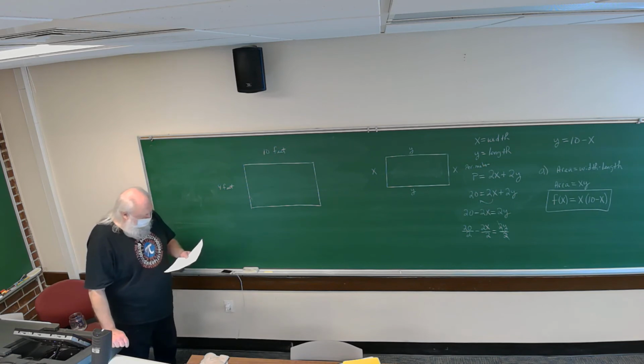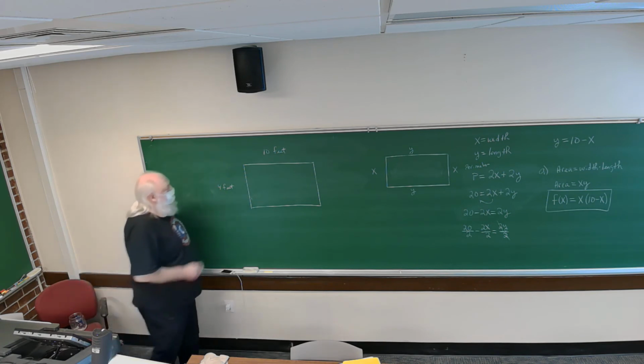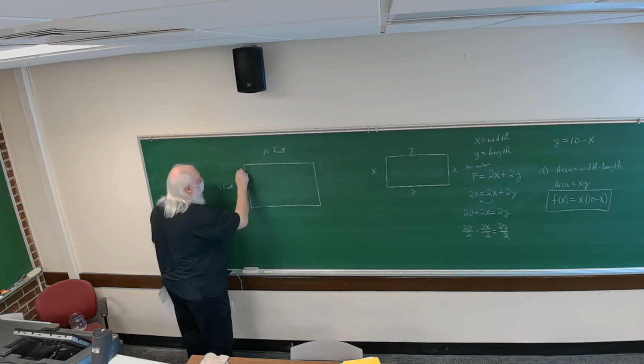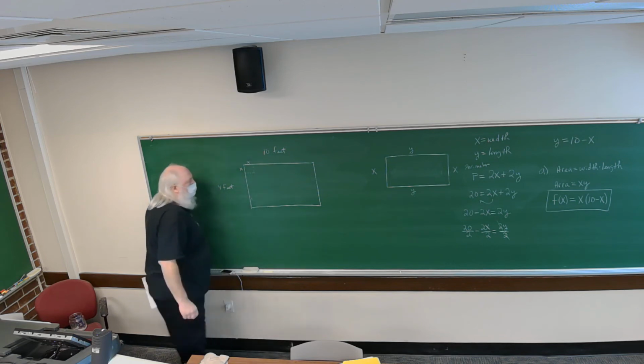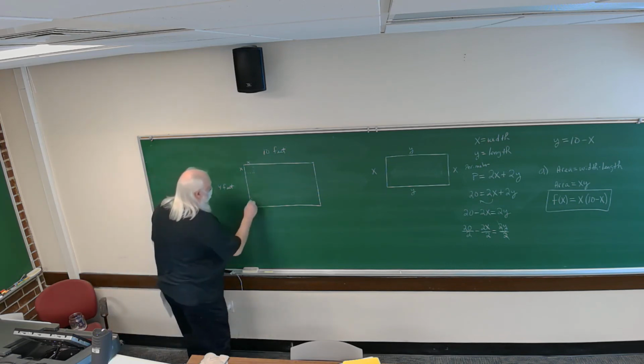So an open box is made from a rectangular piece of cardboard, 10 feet by 4 feet, by cutting squares of side length x feet from each corner and folding up the sides. Out of each corner, we're going to cut a square that's x feet by x feet. We're going to do that in all 4 corners.